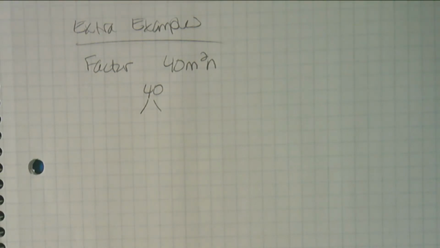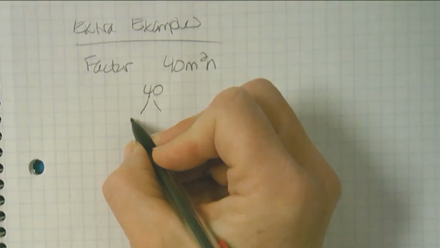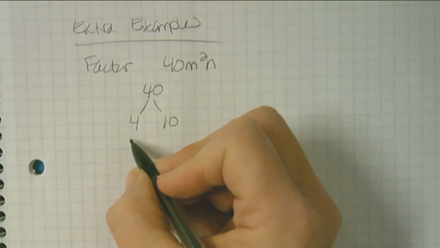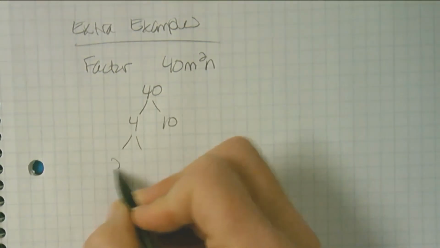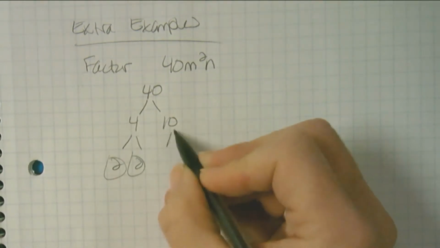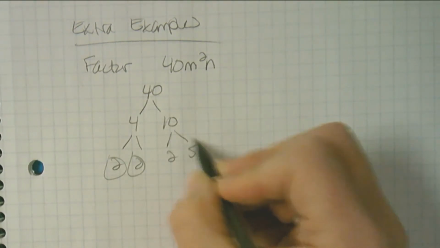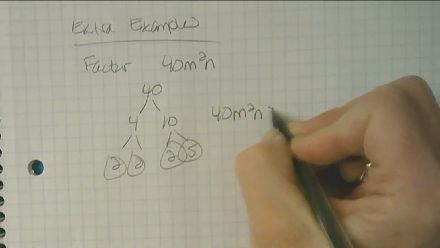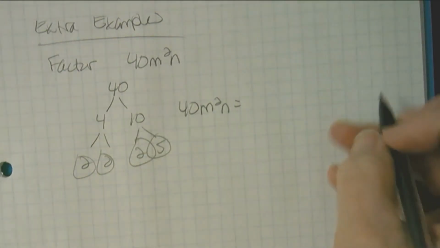All right, who wants to do this for us? Valentina. Excellent. Okay. All right, so I have 40m squared n equals, so list out the prime factors, sweetie.